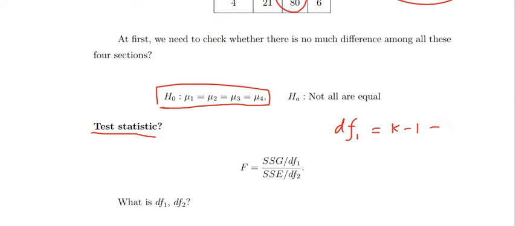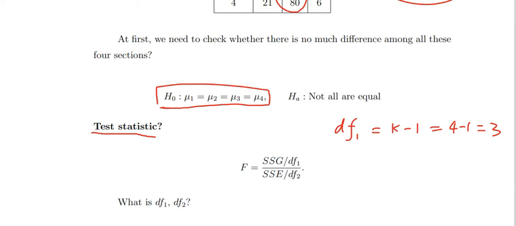Here k is how many groups we compared. We compare 4 classes, so 4 minus 1 is 3. So df1 is 3: the degree of freedom for groups is 3 because we compare 4 groups.